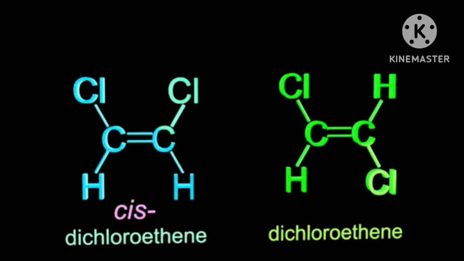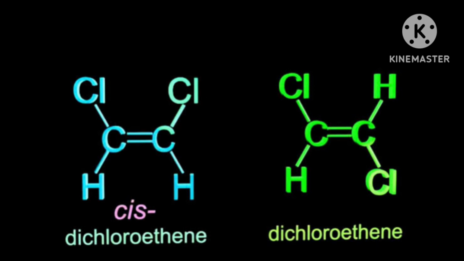This third butene is in the branched form. First is straight, third is branched, so this is a chain isomer. Again, second and third: second is straight and third is branched, so again you can call it a chain isomer.